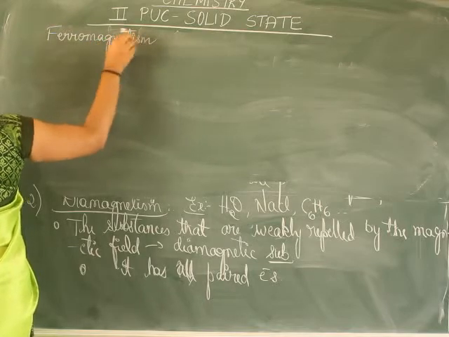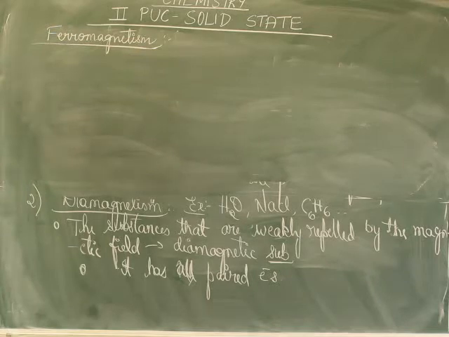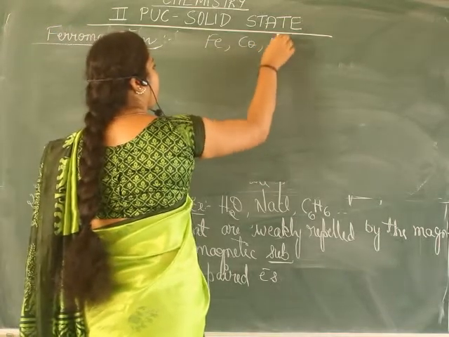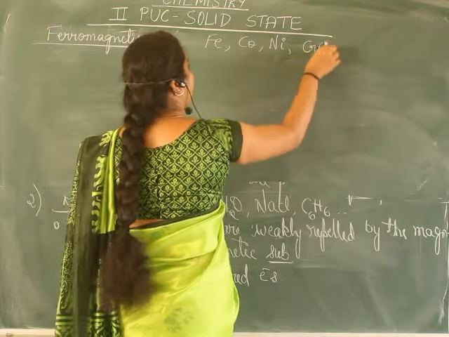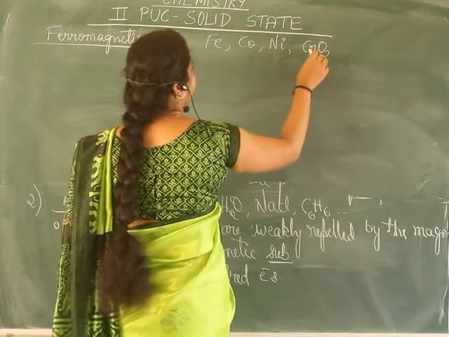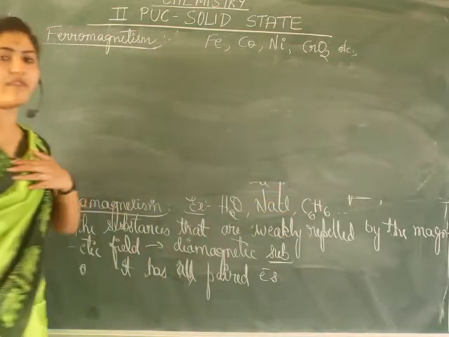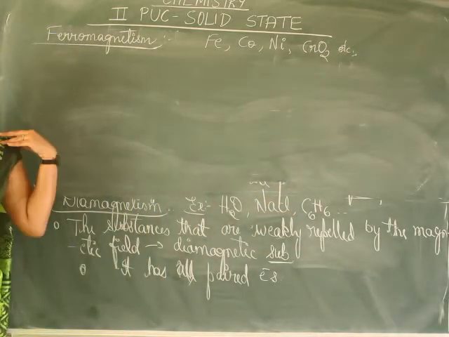Now here in ferromagnetism, examples are iron, cobalt, nickel, chromium oxide, CrO2, etc. These are examples for ferromagnetic substances.